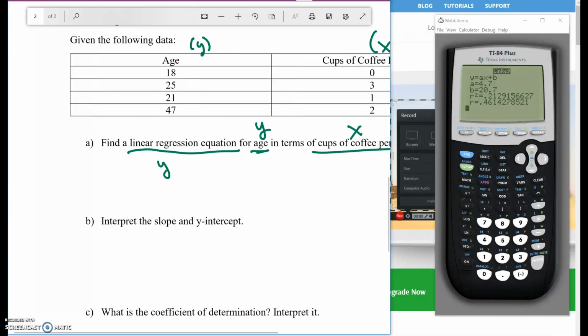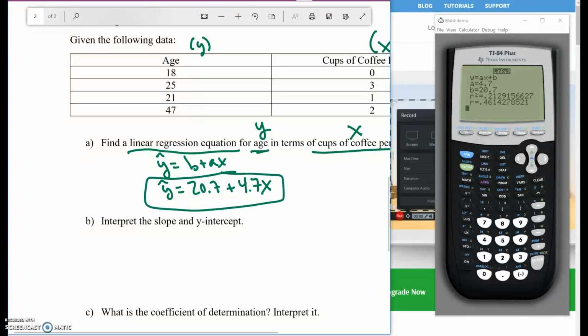Remember that y hat is equal to b plus ax. B in this case is equal to 20.7, plus 4.7x. So that's my linear regression equation.